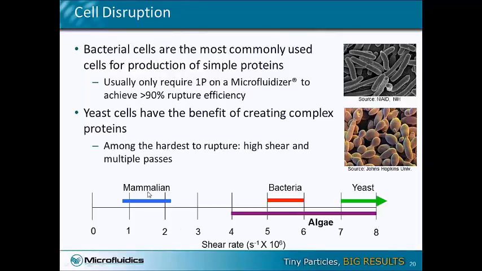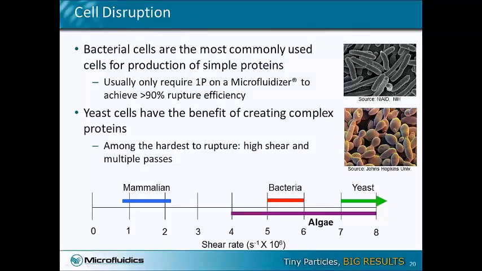You only need low pressure and low shear to break those cells. Bacterial cells are very commonly used, and they will require medium pressure and medium shear for cell rupture.